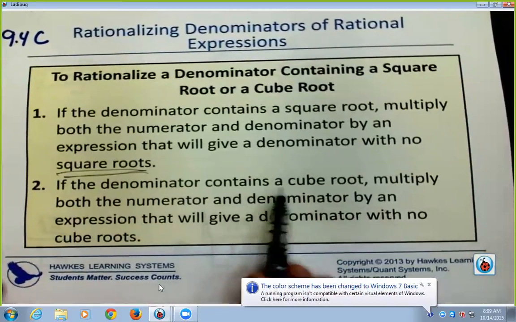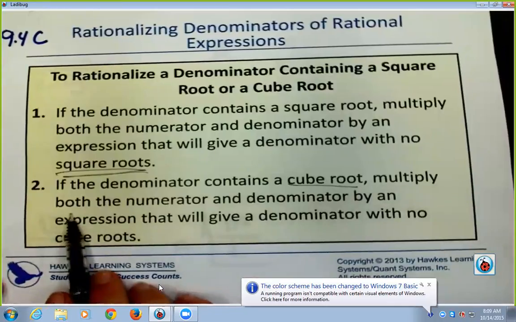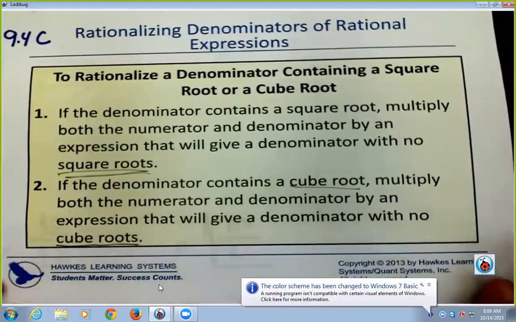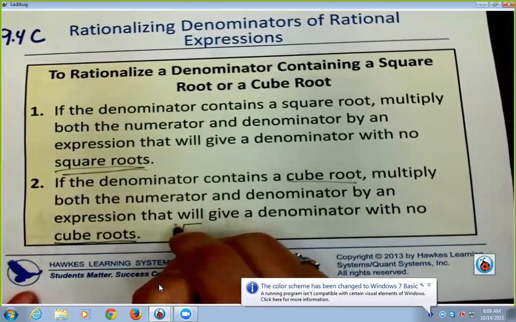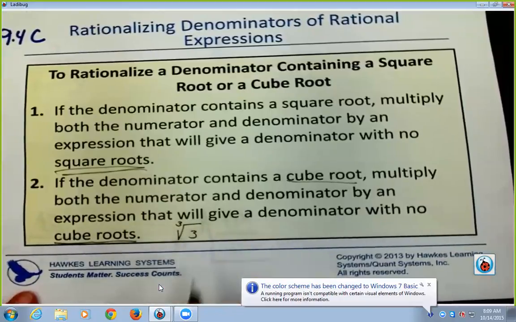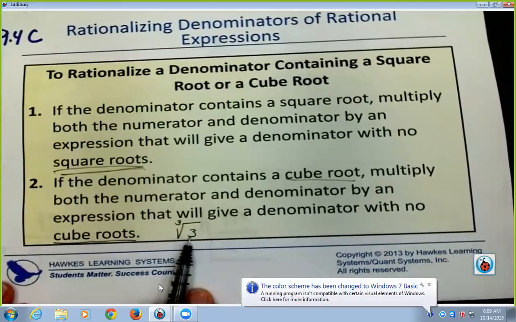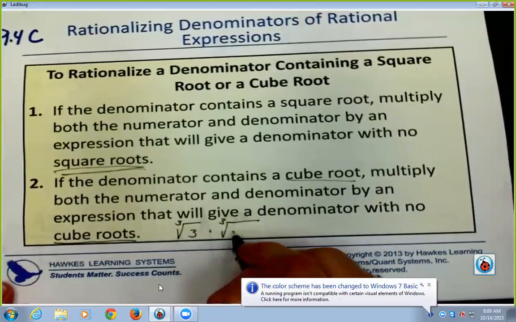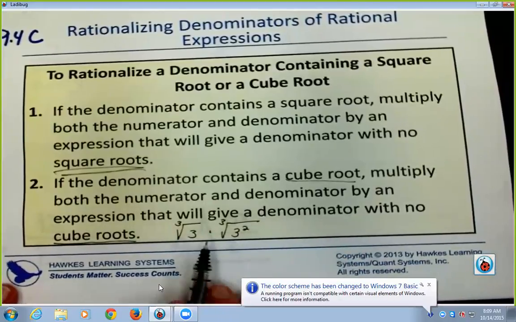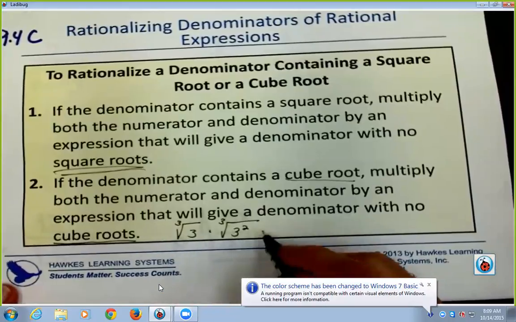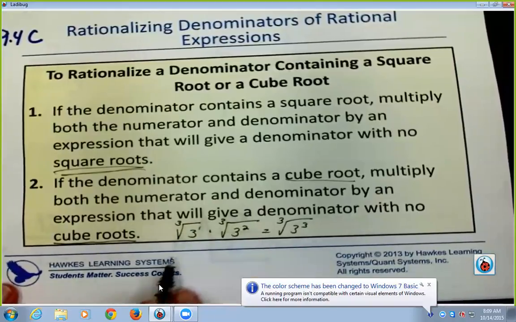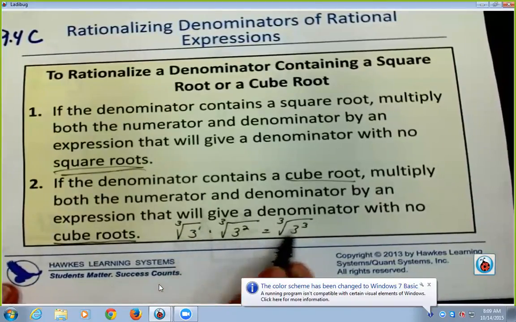If the denominator contains a cube root, multiply both the numerator and denominator by an expression that will give the denominator no cube roots. So when you have a cube root, for instance, if I had the cube root of 3, I can't just remove that because there's not three 3's under here. But if I took this and multiplied it by the cube root of 3 squared, I would end up with the cube root of 3 cubed, because this 3 has a 1 and the 2 added together gives me a 3.